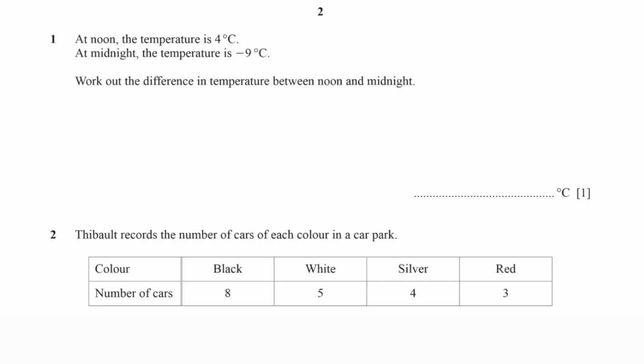Question number 1. At noon the temperature is 4 degrees Celsius. At midnight the temperature is minus 9 degrees Celsius. Work out the difference between noon and midnight.